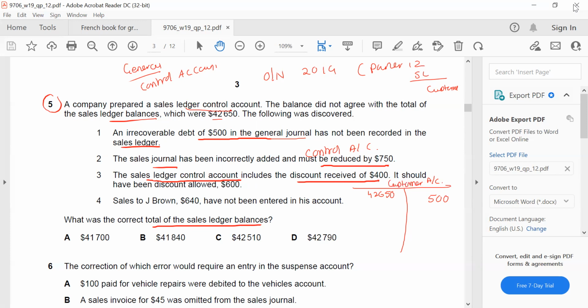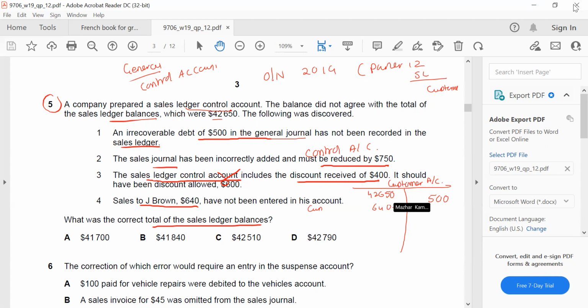It should have been discount allowed 600. This is SLCA. So I wanted the amount in the sales ledger, so I will just think about the sales ledger and the customer. Sales to J. Brown have not been entered in his account. That means in the customer account it has not been entered.